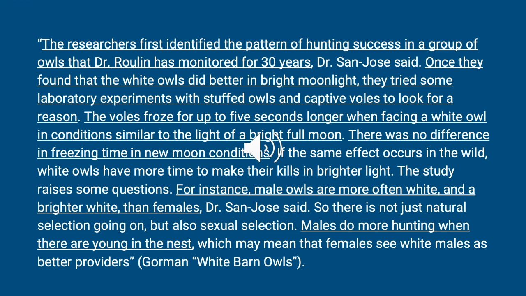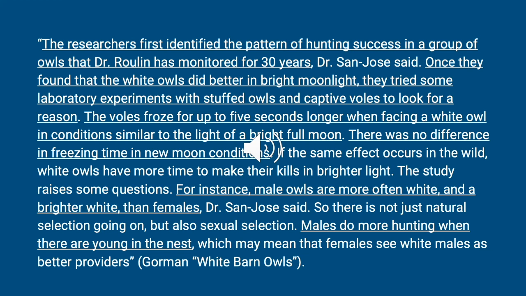Some questions, and again, these are just sample questions you could ask that could make this more analytical, were something like, okay, so there was no difference in freezing times in new moon conditions. What does that mean? Why is that important? What does that suggest about white barn owl hunting patterns? Why is it significant that the voles froze for 5 seconds longer when they saw the light of a full moon?